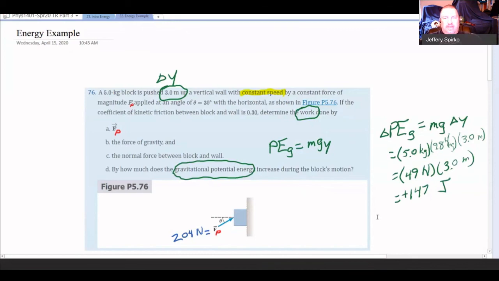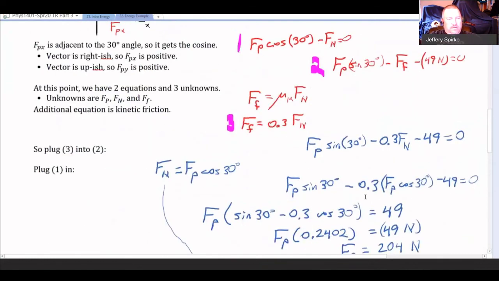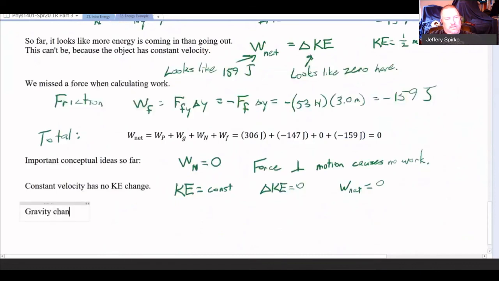So let's look and see how that's related to numbers we did. We have this positive 147 joules.